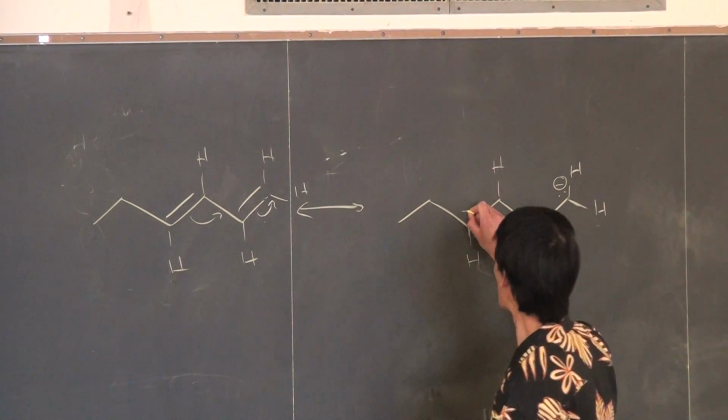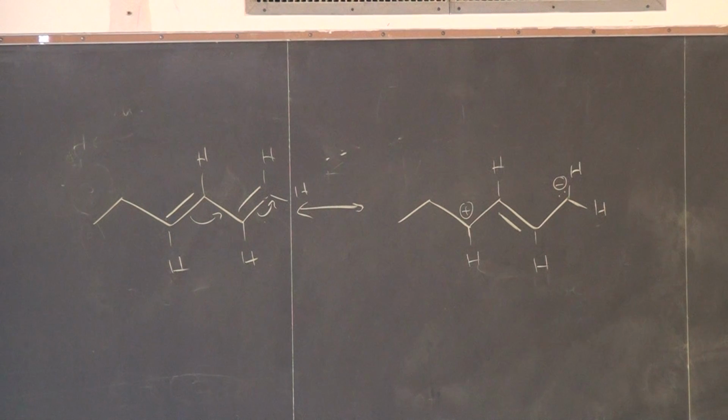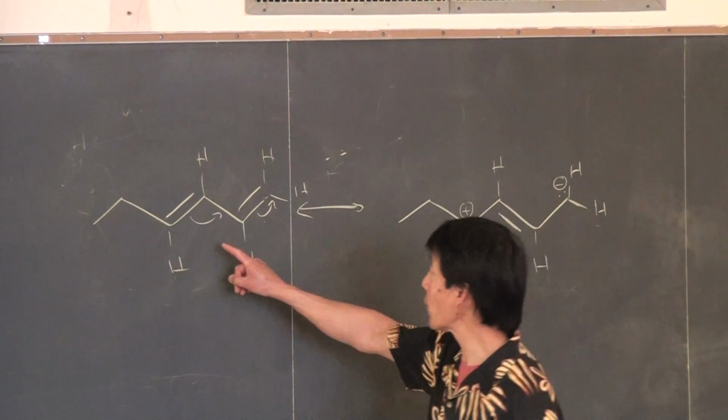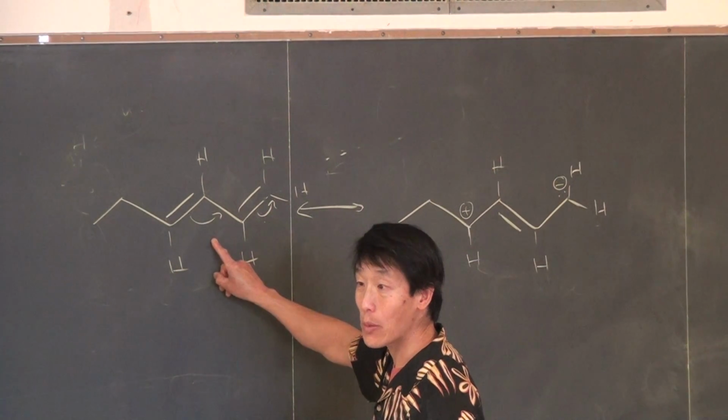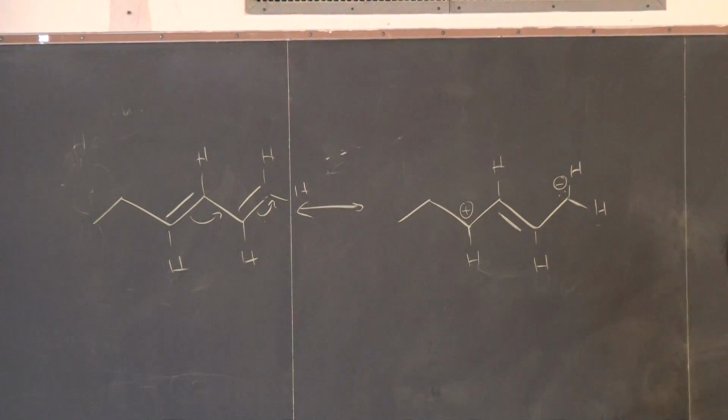Which resonance structure is the major contributor? The neutral one, because when we looked at reactions of conjugated dienes, we really just looked at one reaction: the 1,2 addition versus the 1,4 addition.